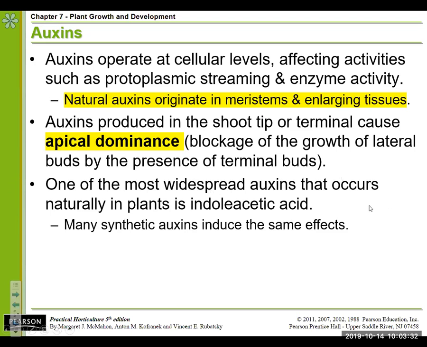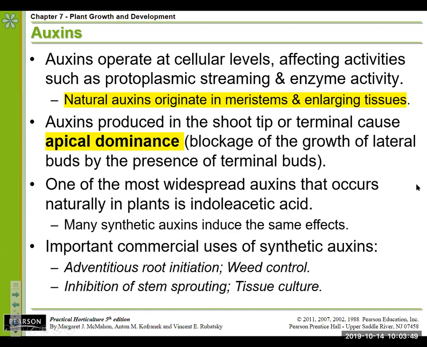One of the most widespread auxins we have naturally in plants is indole acetic acid, and it's one that naturally occurs and we've extracted from plants, but we've also begun to synthesize different forms of it in order to create rooting in plants. So we use it as a rooting hormone. It comes in a powdered form.